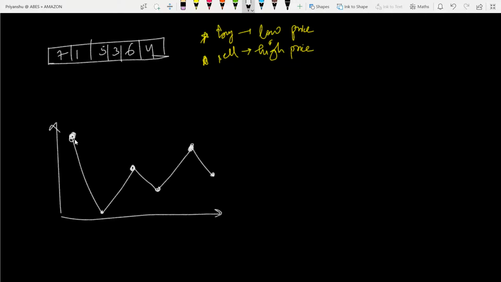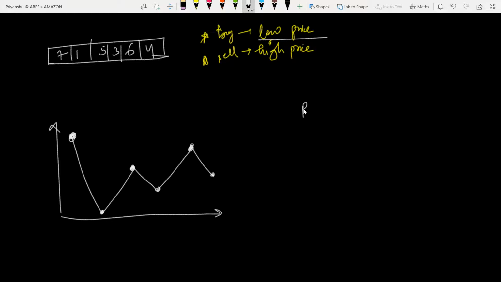We are more interested in the bottom points, that particularly means when the price is low, and the peak points when the prices are high. So in this question we have to analyze only the peak and the bottom points that are adjacent to each other.